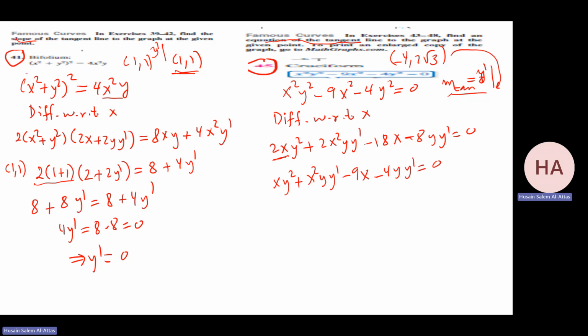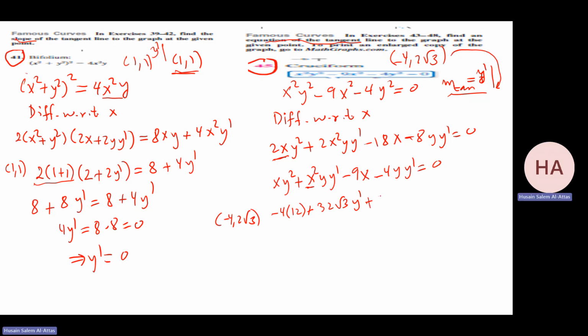Now I'll put the point. That will be minus 4 squared times 12 plus x squared, which is 16 times 2, 32 square root of 3 y prime.